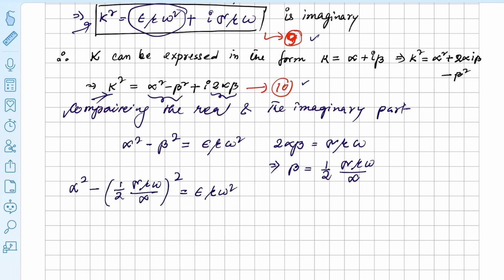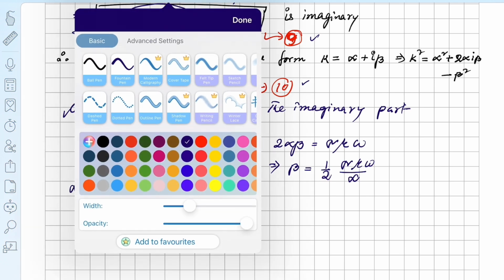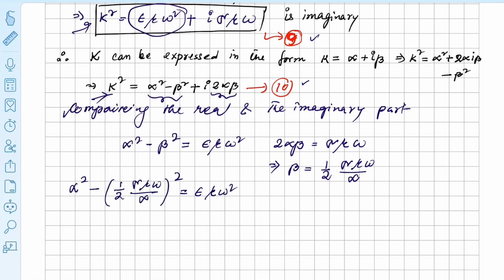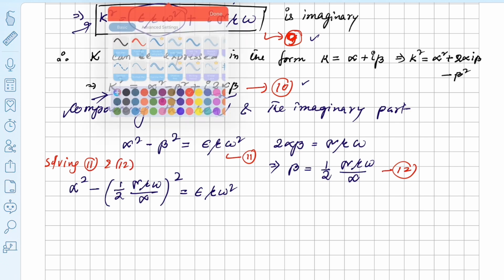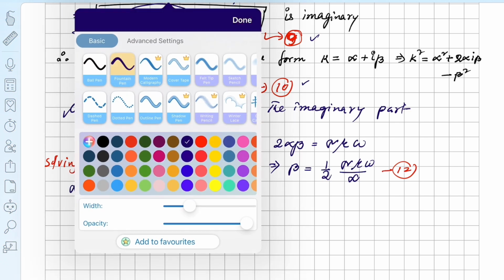Let me give equation numbers. This is, suppose, 11, this is, suppose, 12. So solving 11 and 12. That's what we have got.